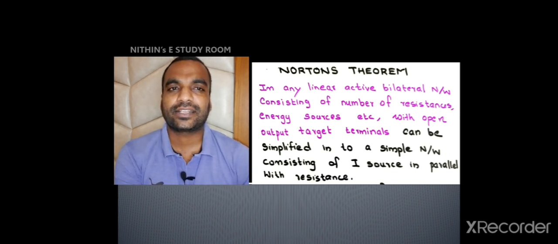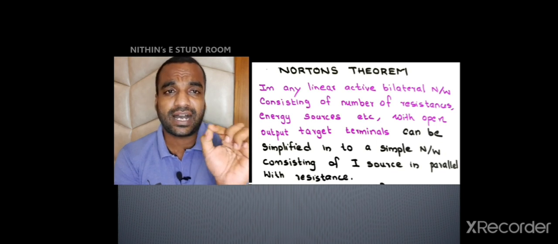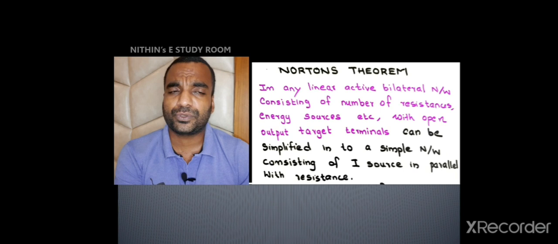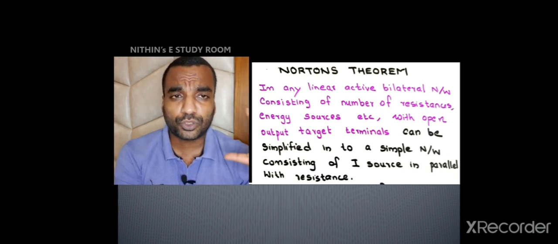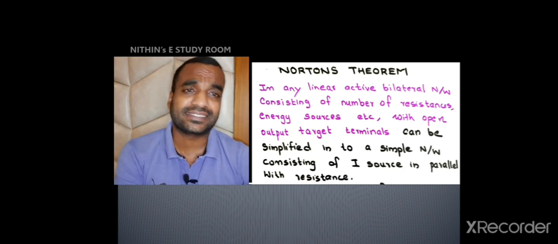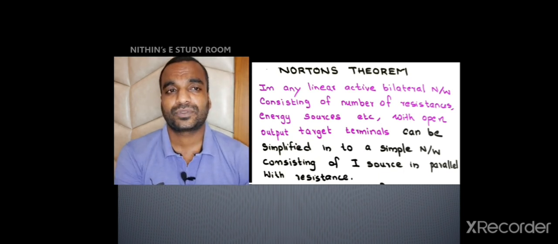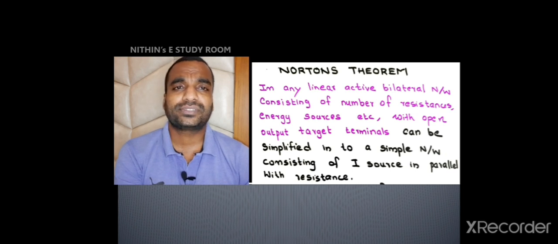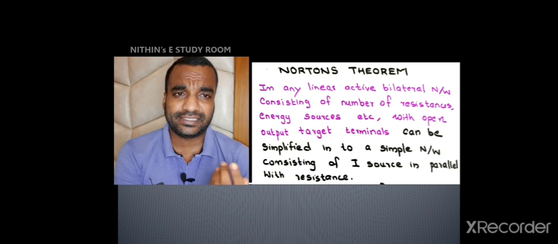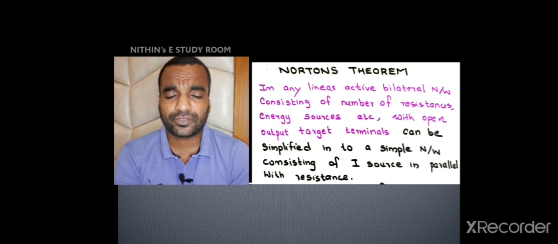The Thevenin resistance that we represent using RTH, and the Norton resistance that we represent using RN, both values are the same, or the procedures we adopt to find these resistances are the same. Okay. So now it's time to look at how we can simplify the network. We need a current source and a resistance.